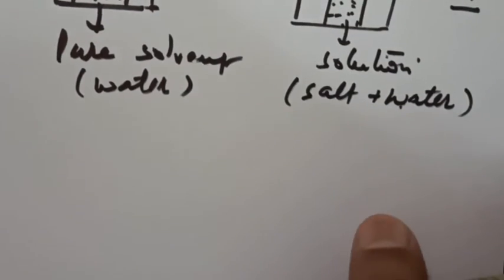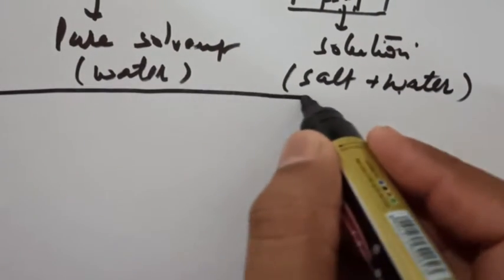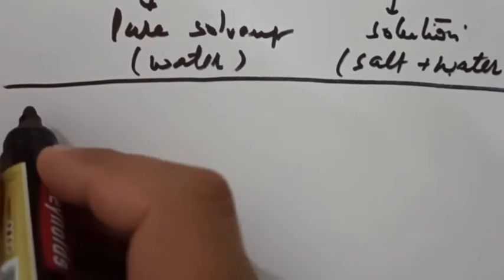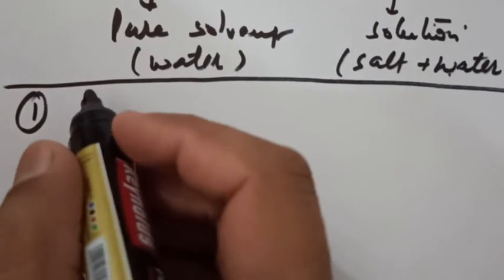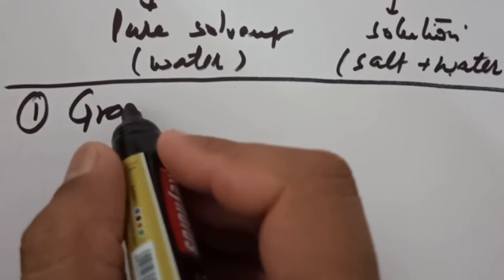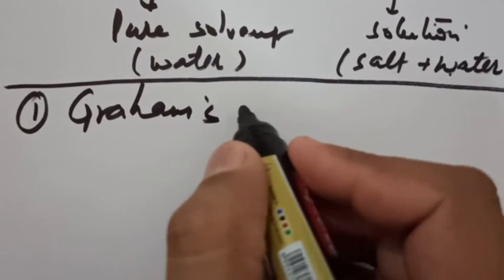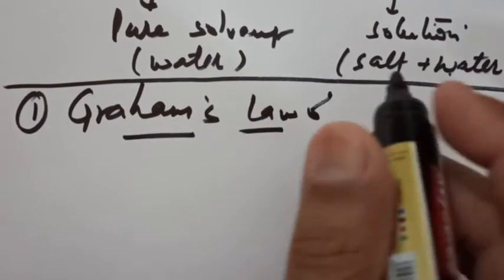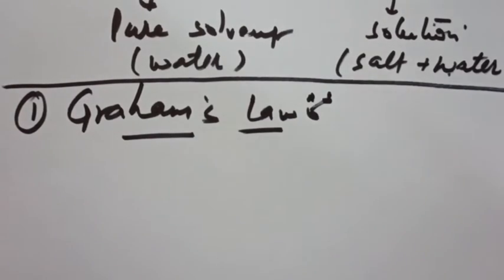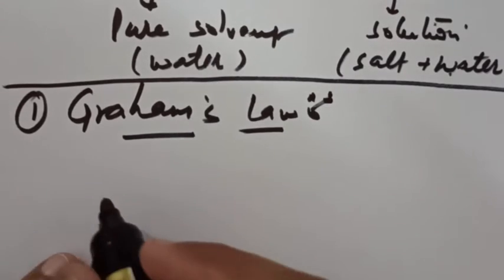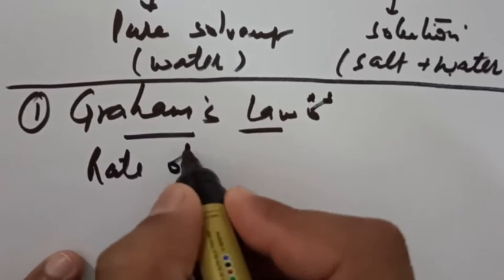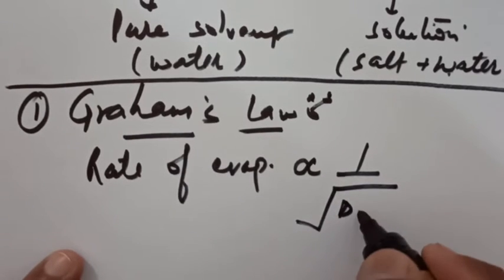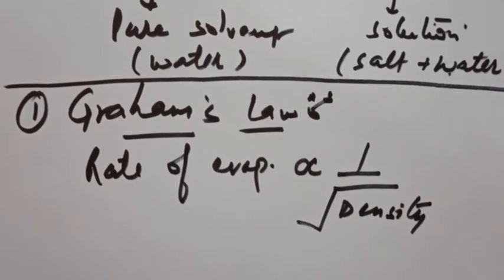So lowering of vapor pressure can be explained as follows. How did the lowering happen, why is the vapor pressure low, what is the reason? First, as I have told you, we can say that according to Graham's law, the rate of evaporation is inversely proportional to the square root of density.